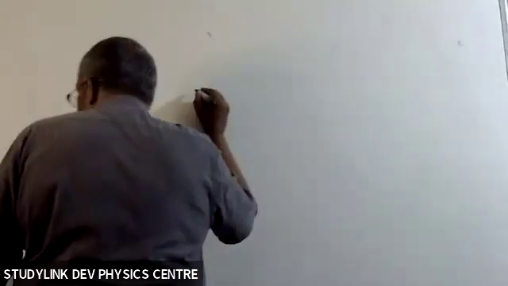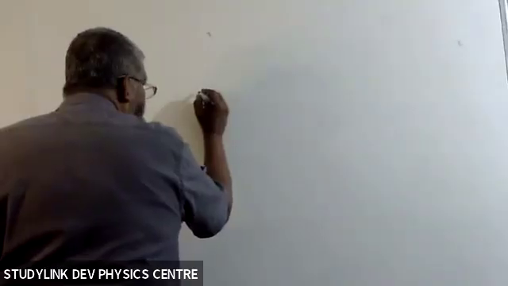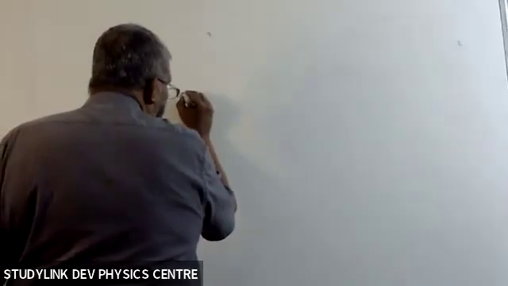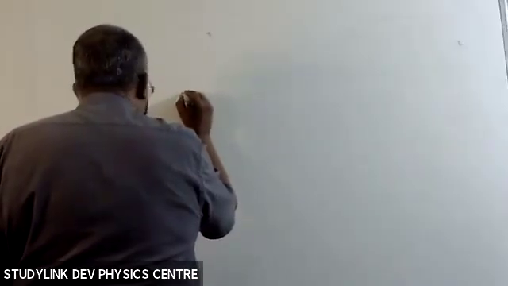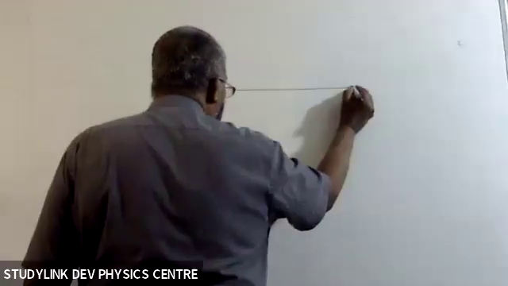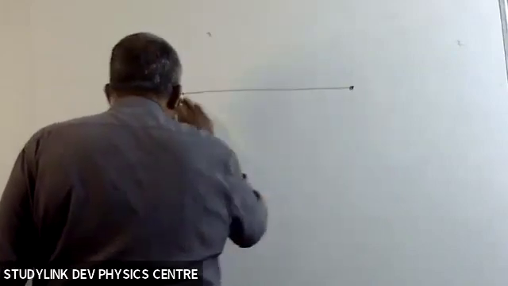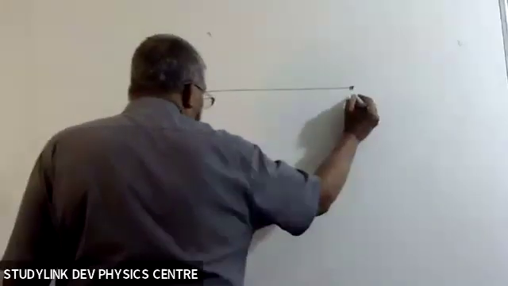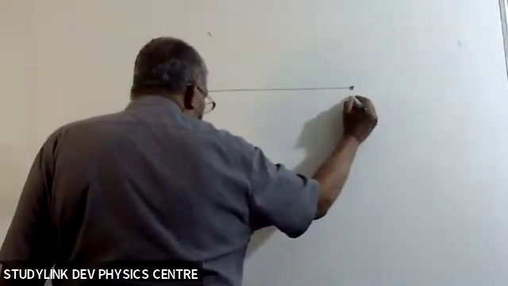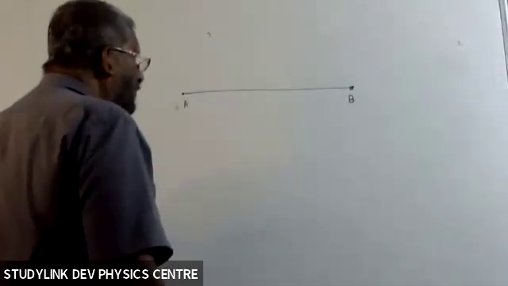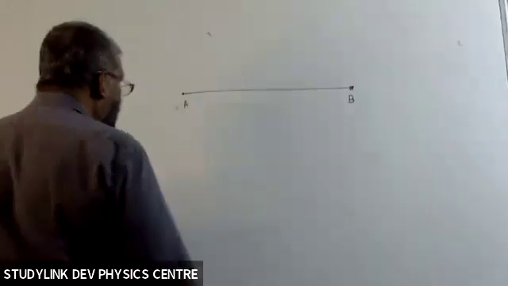Right. Now we'll come to another one, the last one. A car travels towards east 100 kilometers and then it comes towards west 30 kilometers.